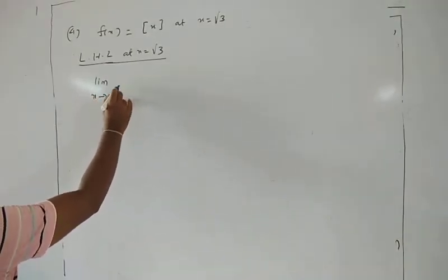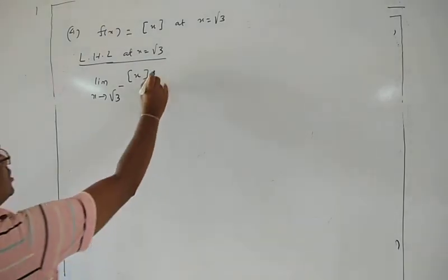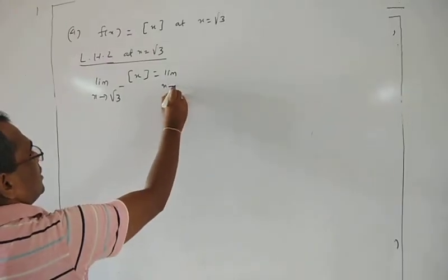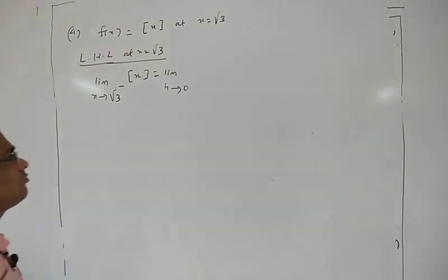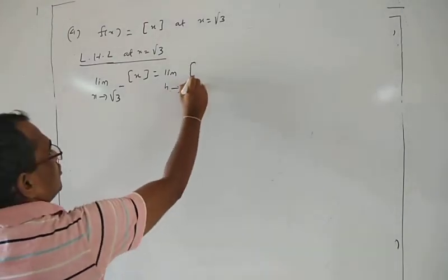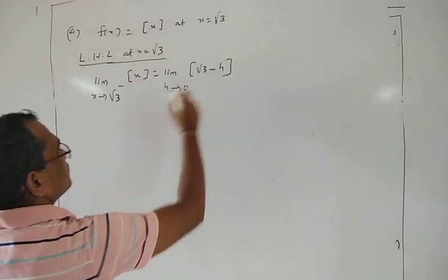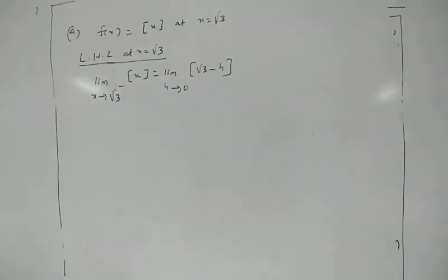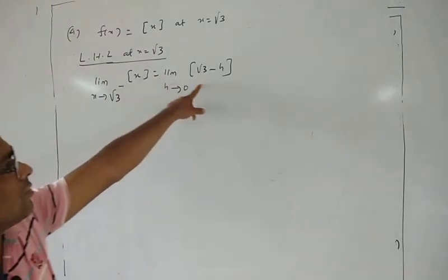This is the limit x tends to √3 minus of f(x) equal to bracket x. This is equal to limit h tends to 0, and x is replaced by a minus h. Here a is equal to √3, so √3 minus h.